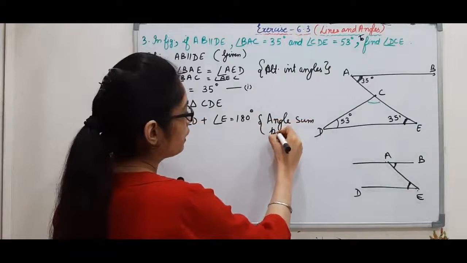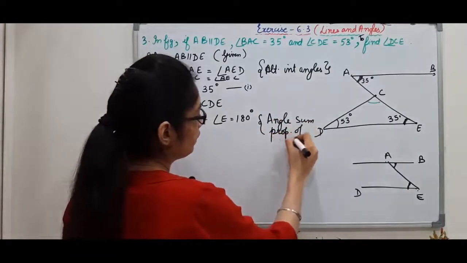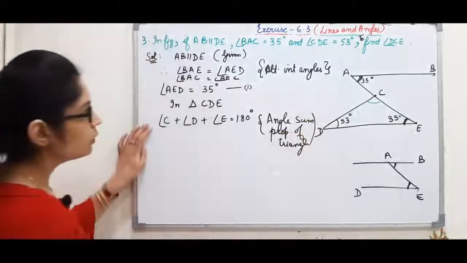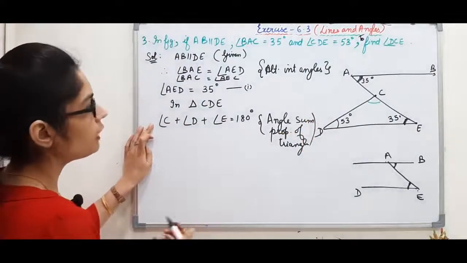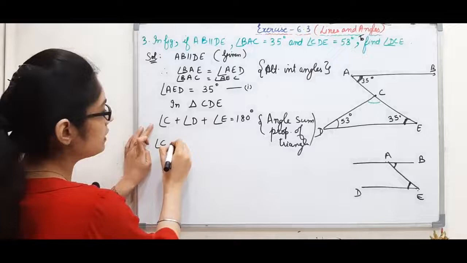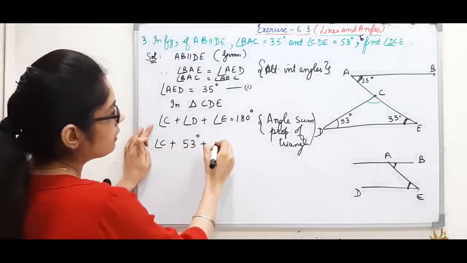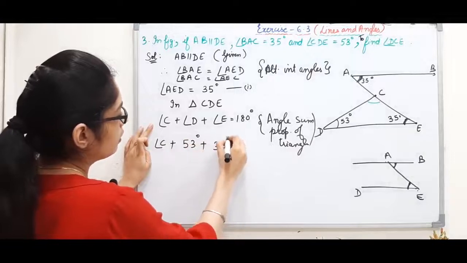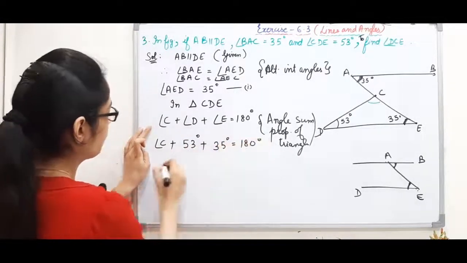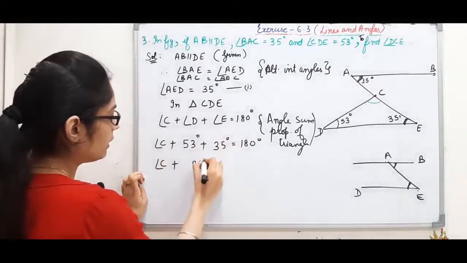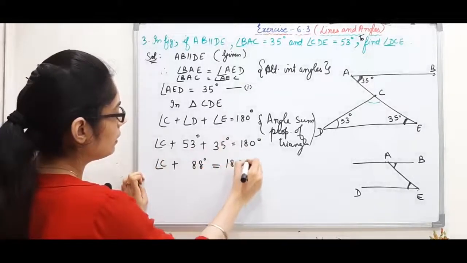Angle sum property of triangle. So angle C we have to find, so we can write it as it is. Angle D is equal to 53 degree and angle E is equal to 35 degree, which is equal to 180. Angle C plus 53 plus 35, which is equal to 88 degree, is equal to 180 degree.